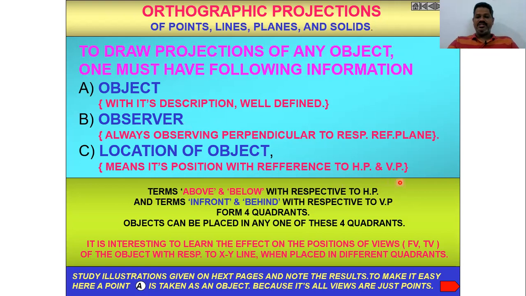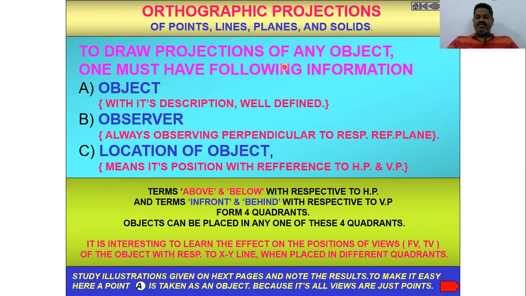The position with respect to the horizontal and the vertical plane is very important to draw the orthographic projections of points, lines, planes, and solids. So the object must be well defined, the observer is always perpendicular to the respective reference plane, and the location of the object is required.